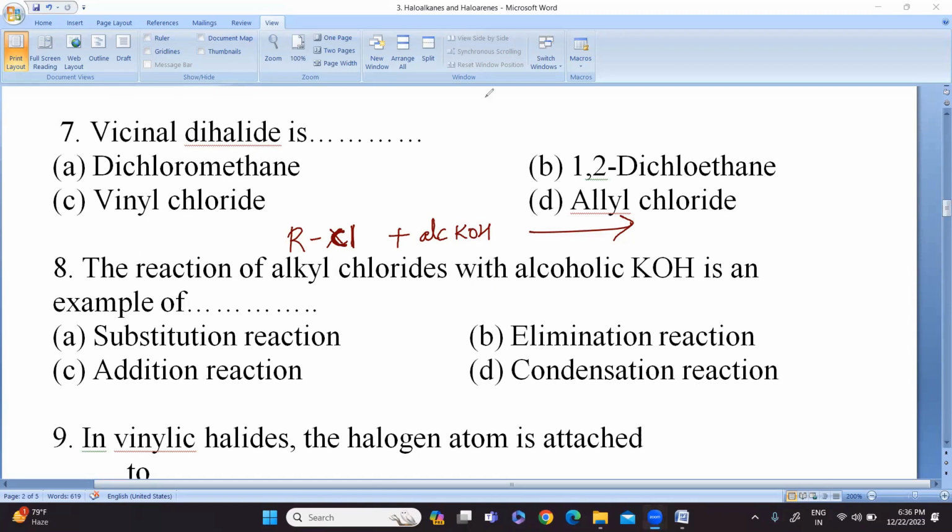Vedvati has answered it as A. Varsha has answered it as C. The reaction of alkyl chlorides with alcoholic KOH.